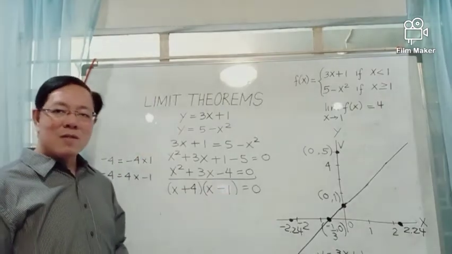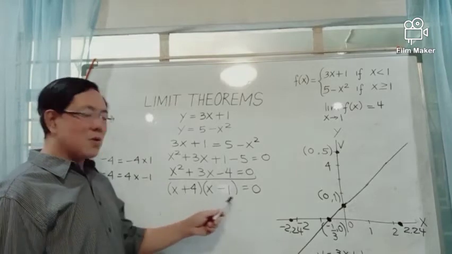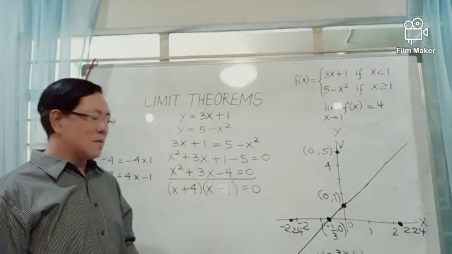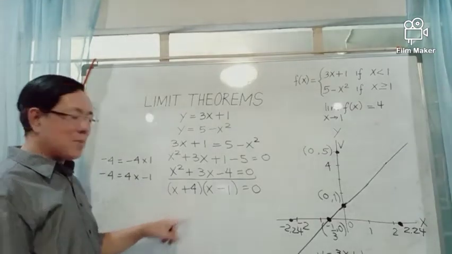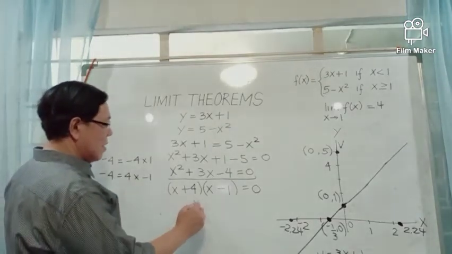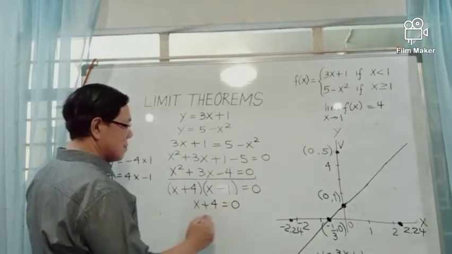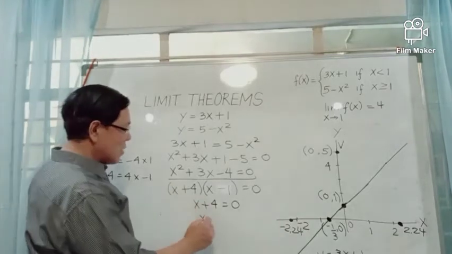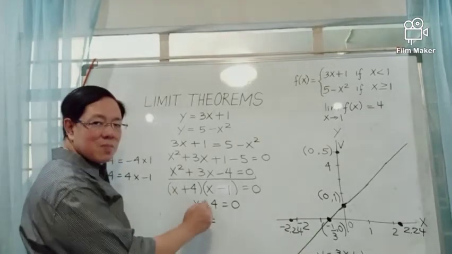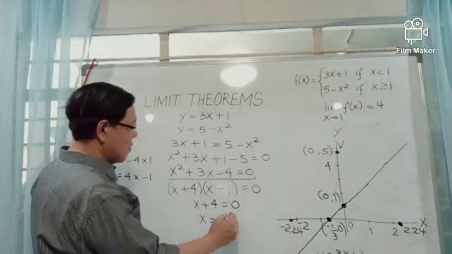To solve for x, you now equate each linear factor to 0 and solve for x. For the first factor, x plus 4 equals 0. From this linear equation, we get x equals, transpose positive 4 to the right, negative 4.